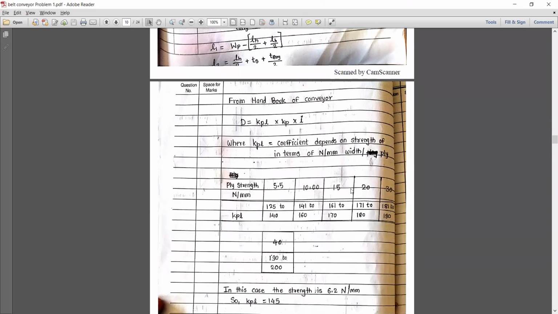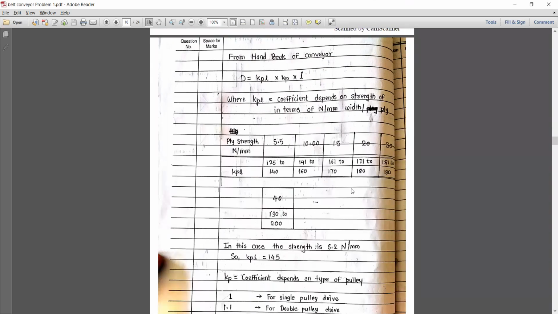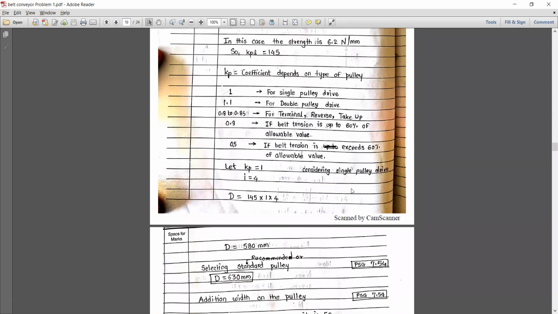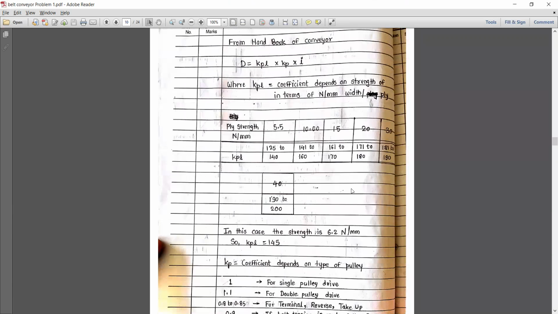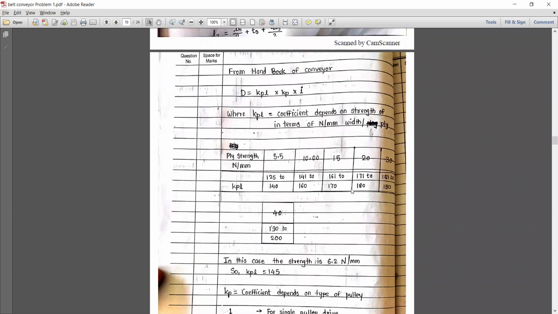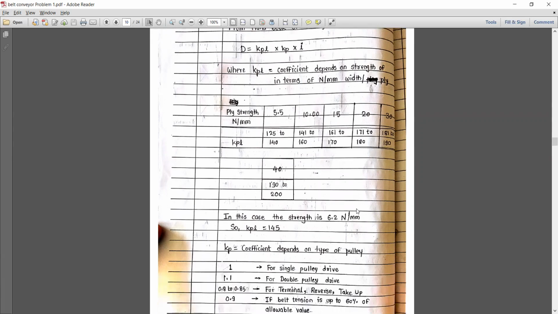Now from the handbook of conveyor, the diameter D is equal to KPL into KP into I. The KPL is the coefficient that depends upon the strength of the plies, per ply.